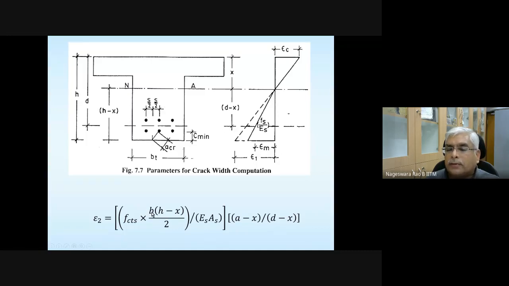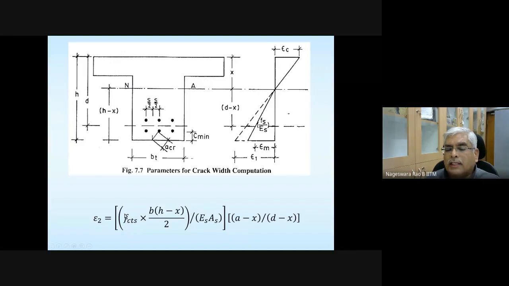The section is shown here as rectangular, but whatever formulas are given in Annexure F are valid for any shape of cross section. So B is the width of the section at the level of the centroid of the reinforcement.